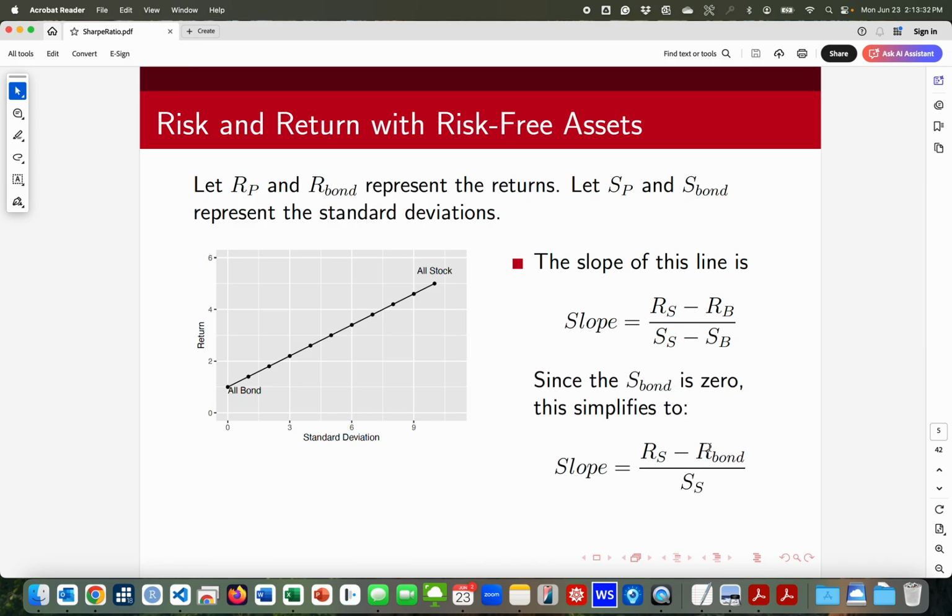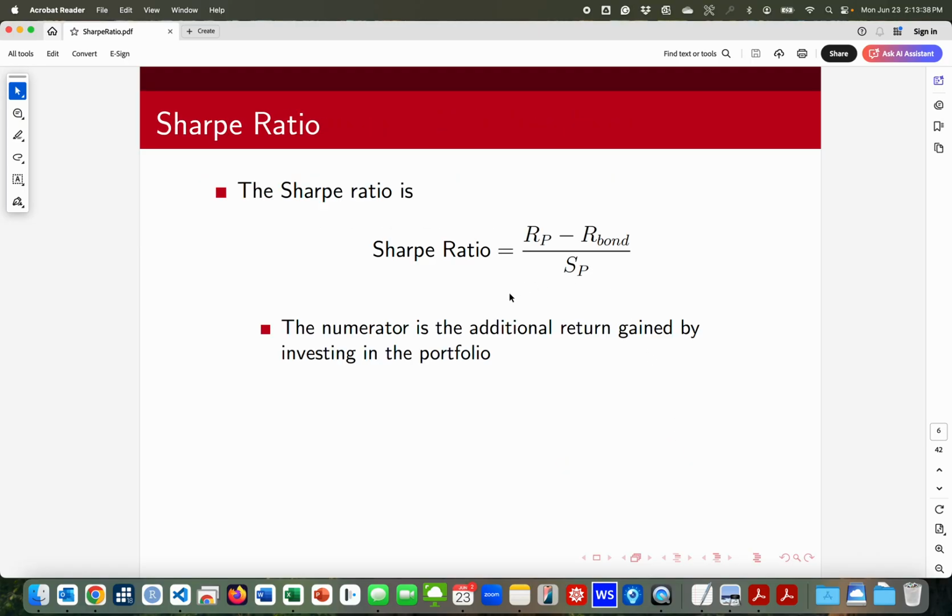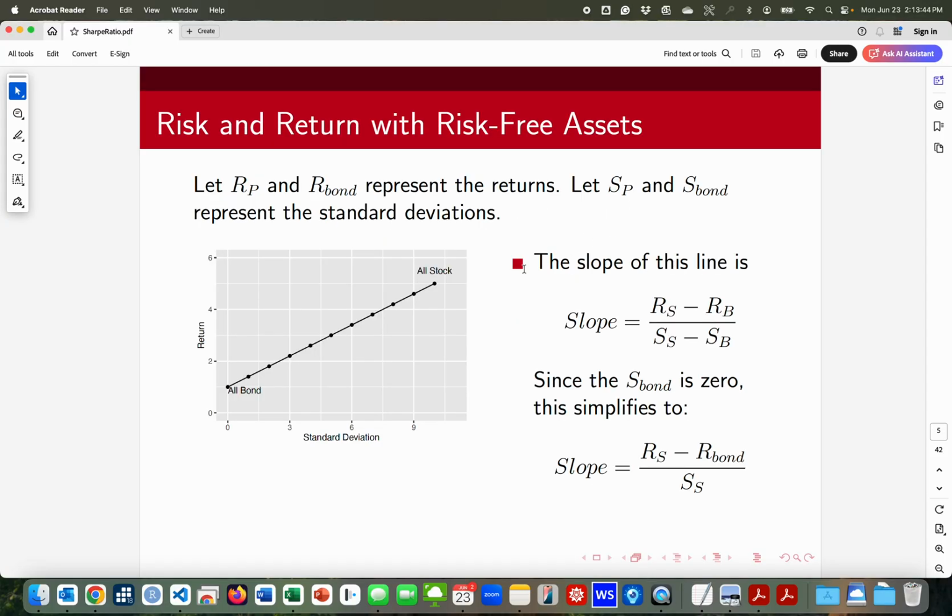The slope of this is just the additional return you get from investing in the stock instead of the bond. So if you think about this, it's the rise part right here. In this case, if you went all stock, you would have a 5% return, which is 4 percentage points better than the all bond. So the 5% minus the 1%, that would be the numerator.